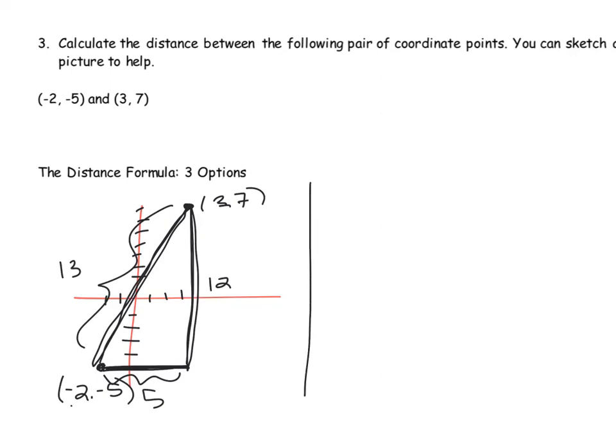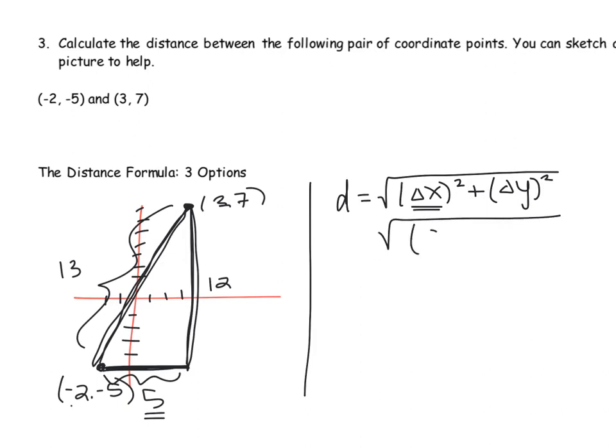There are 2 other methods that people use to find the distance between 2 points. They're essentially the same, but they look a little bit different in how they're presented. The first one is that the distance between 2 points is equal to the square root of the change in x squared plus the change in y squared. And what change in x means is just the distance between the 2 x values, which we saw was 5. So we would say the distance between the x's is 5.